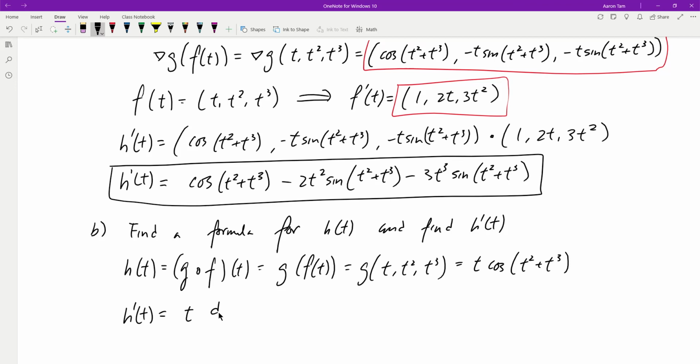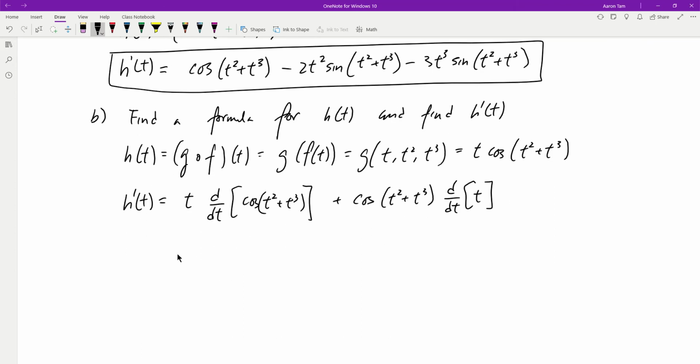It will be 1 d2 plus 2 d1. So that comes out pretty simple on this side at least. The derivative of t is just equal to 1.